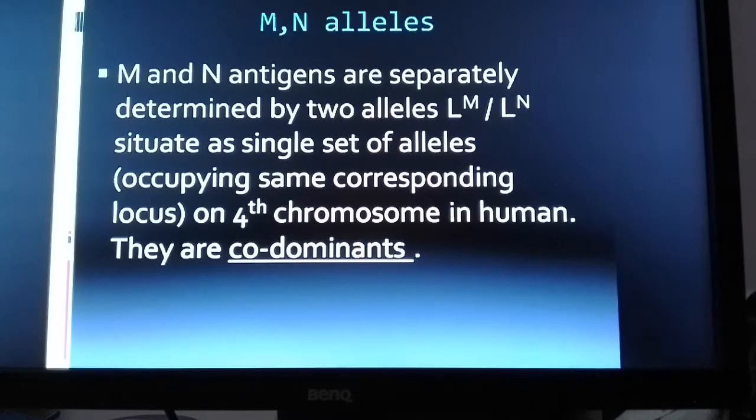These alleles occupy the corresponding locus on the homologous chromosome, that is the fourth chromosome in humans.